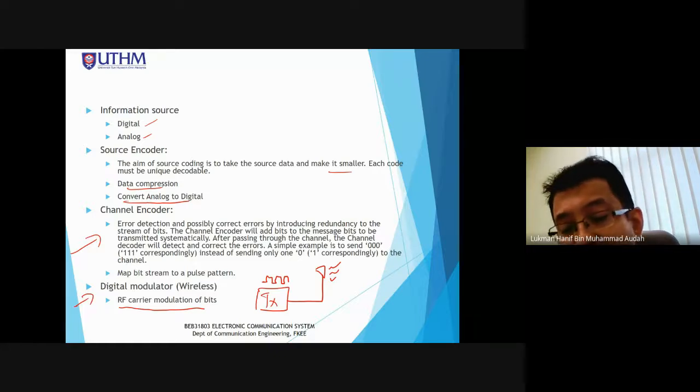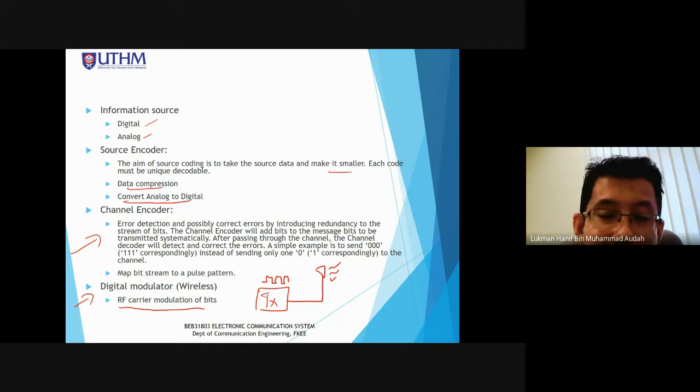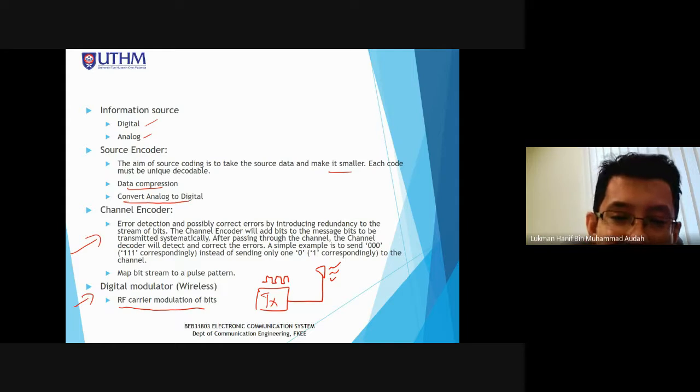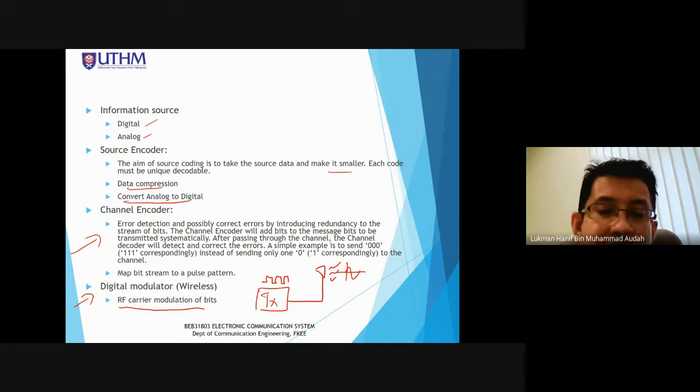Remember gelombang elektromagnet tu dalam bentuk analog, dia bukan dalam bentuk digital. Okay, that means we transmit as an analog. So in order to do that, we need to do the modulation with analog carrier. So digital data ini perlu modulate dengan analog carrier, barulah kita boleh menghasilkan analog output.